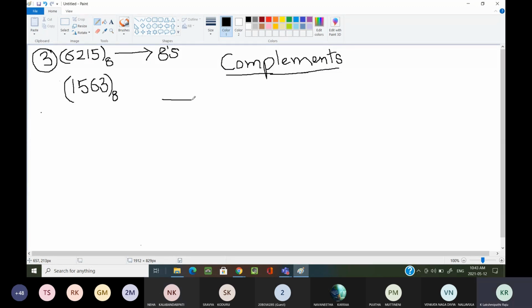Now please cross check the problems we have done: the first one, second one, as well as the third problem I have given. The three problems regarding octal. Can you observe any similarities?